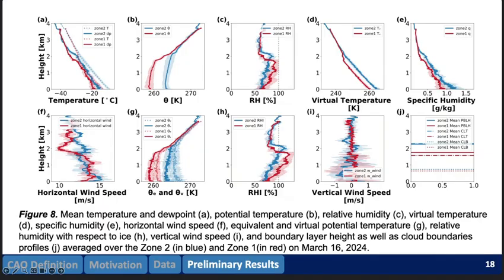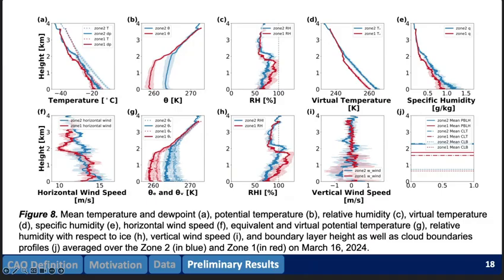Generally, zone 2 has a little higher horizontal wind speed near the surface compared to zone 1, which means that when the air is transferred from the big sea ice all the way to the land, we have stronger horizontal wind speed near the surface for the later stage, and these boundary layer clouds are decoupled from the surface.